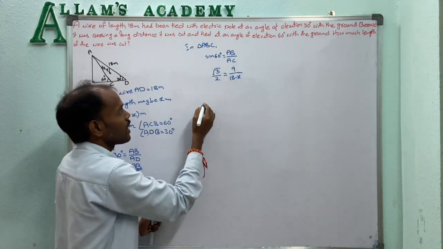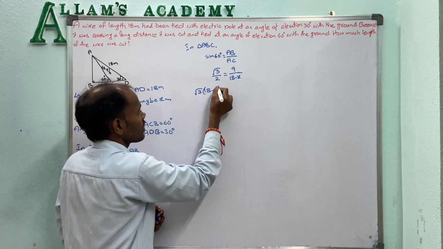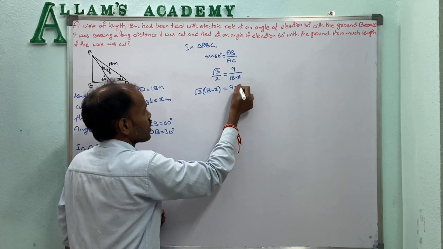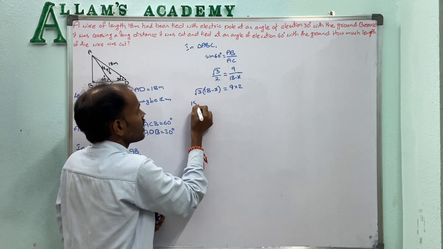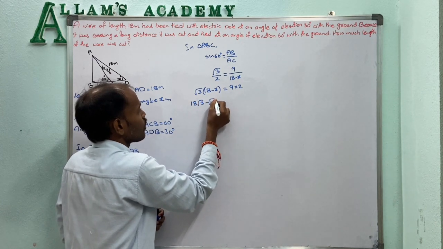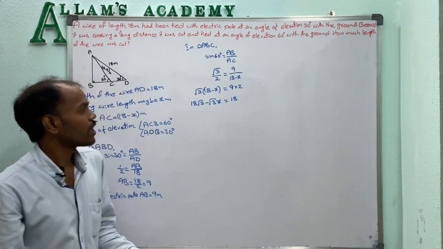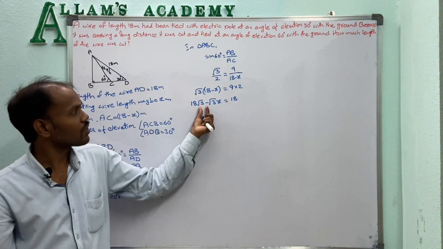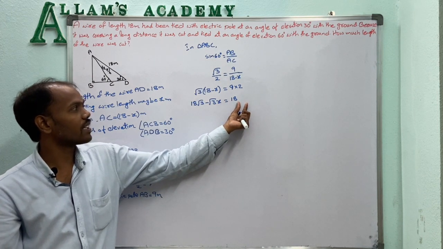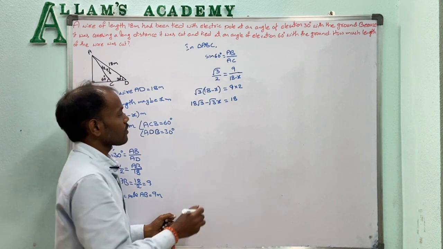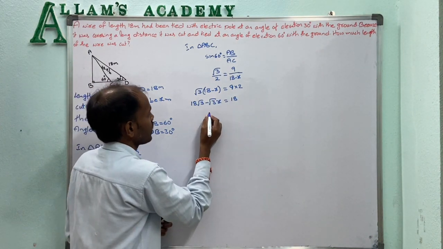So by cross multiplication, root 3 into 18 minus x equal to 9 into 2. So by multiplication, it is 18 root 3 minus root 3x equal to 18. Now plus 18 transfer to this side as minus 18, and minus root 3x transfer to that side as plus root 3x.